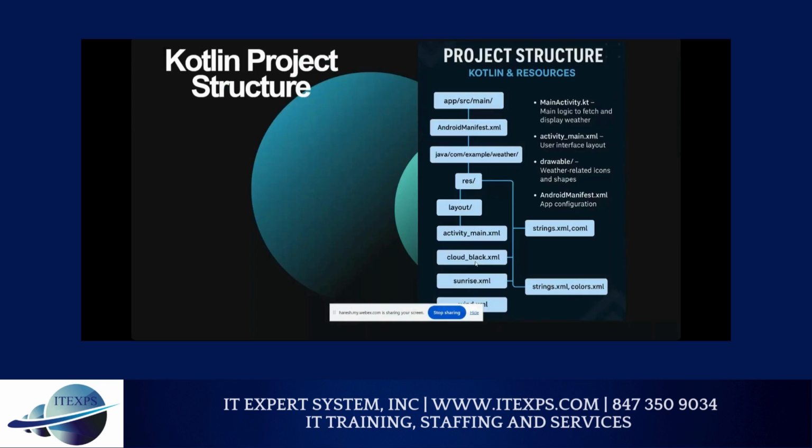So this is a bit of our project structure, which is Kotlin in Android Studio. There are four main files where we mostly write our code. MainActivity.kt is our main file where we create the logic, fetch the data, and create API keys. activity_main.xml is for the design, your user interface layout, where we create the design like buttons and input.